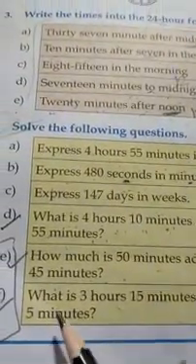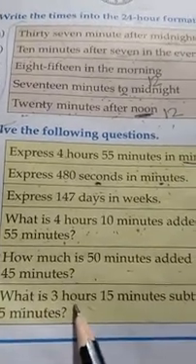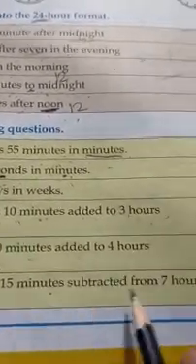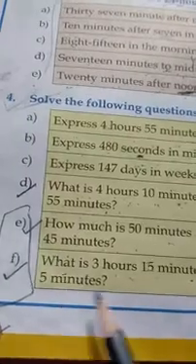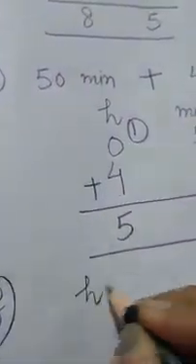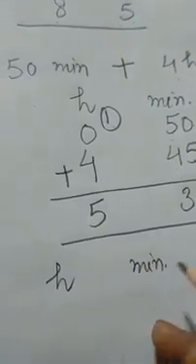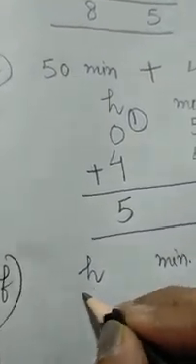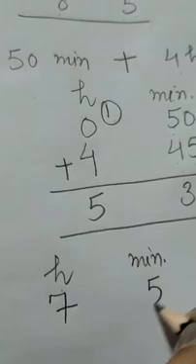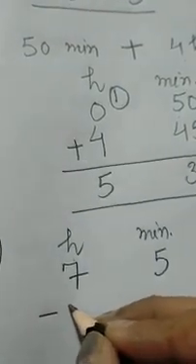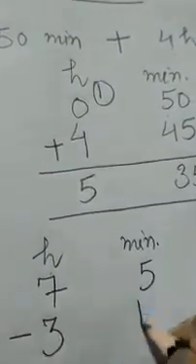Yes, now let's move to our next sum. That is the last sum of this sheet. What is 3 hours 15 minutes subtracted from 7 hours 5 minutes? This is a sum of subtraction. We will write hours and minutes. Firstly you can see 7 hours 5 minutes. Then subtract 3 hours 15 minutes.